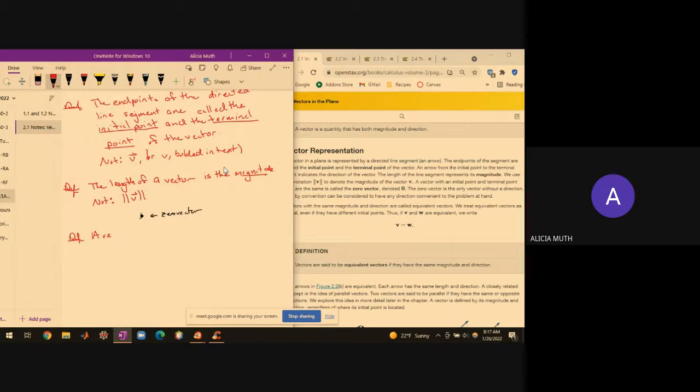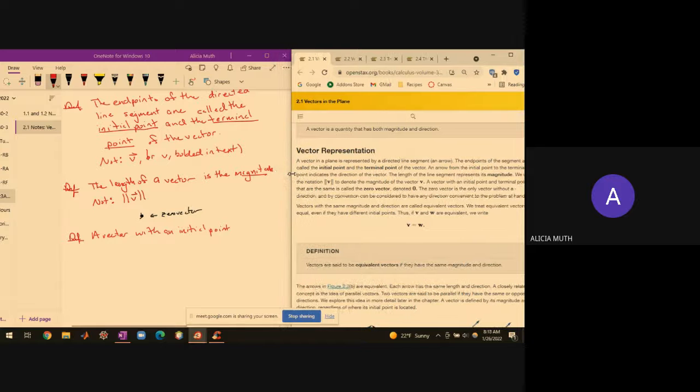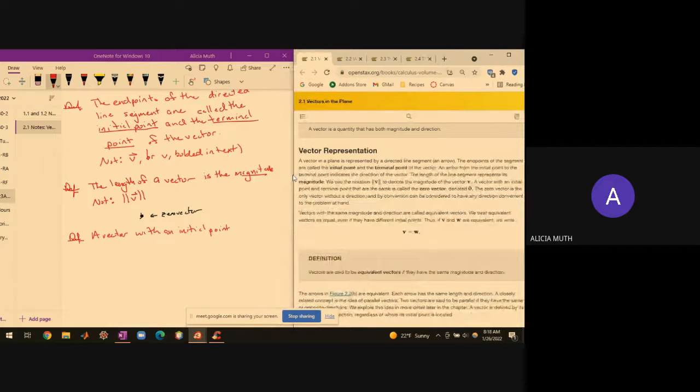So a vector with an initial point and a terminal point being the same is called the zero vector.